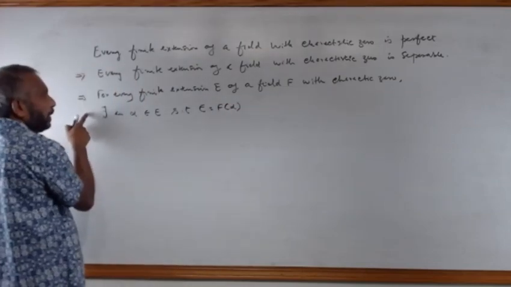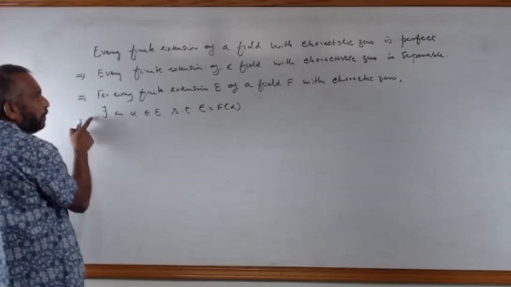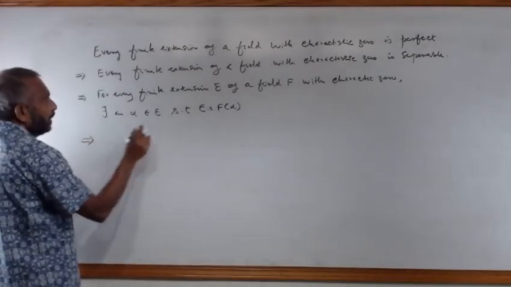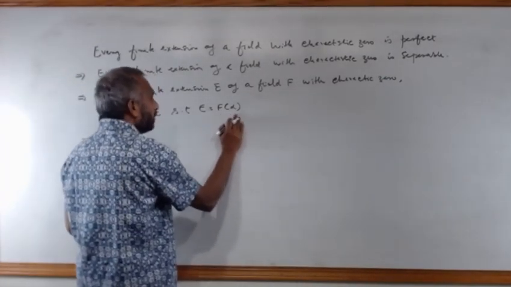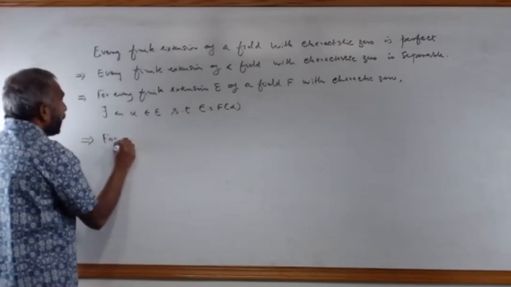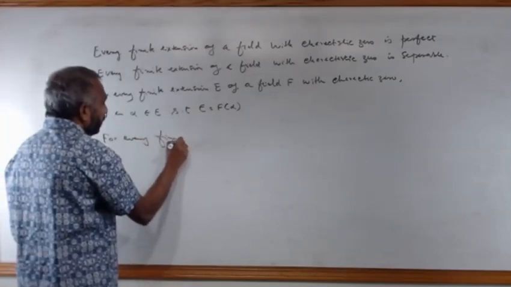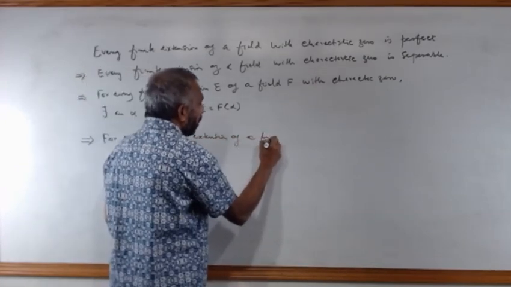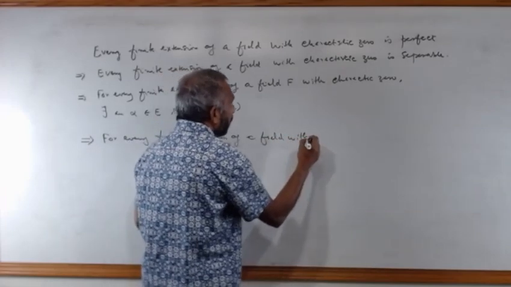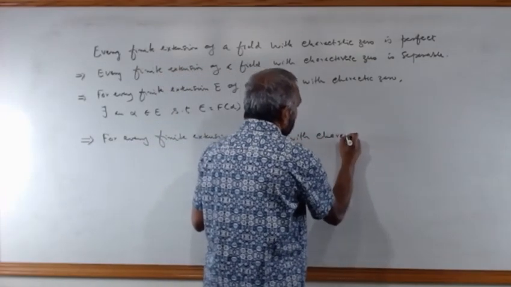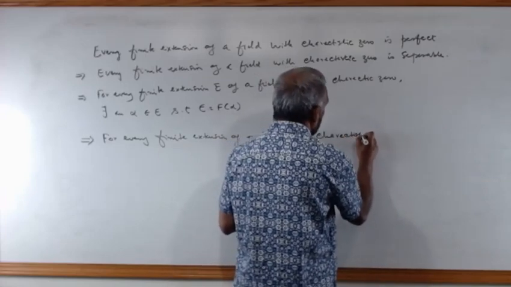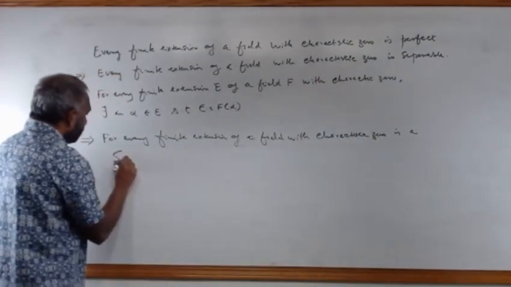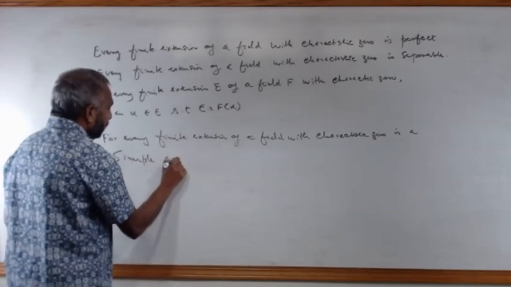This is where we are employing the primitive element theorem. And what does that mean? This is called a simple extension, right? So we'll see every finite extension of a field with characteristic 0 is a simple extension.